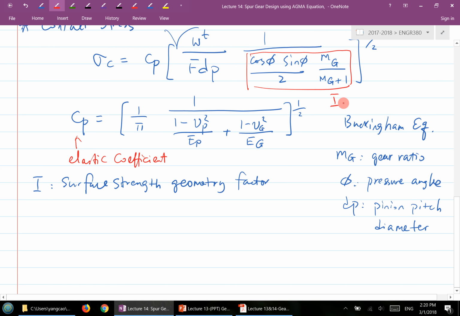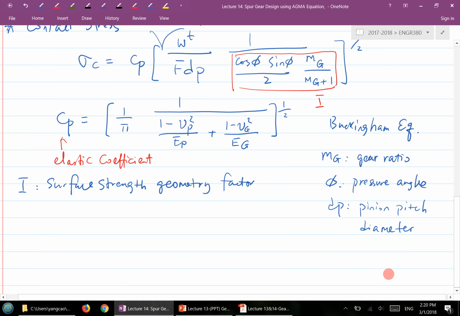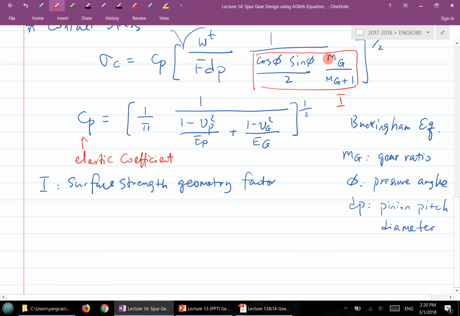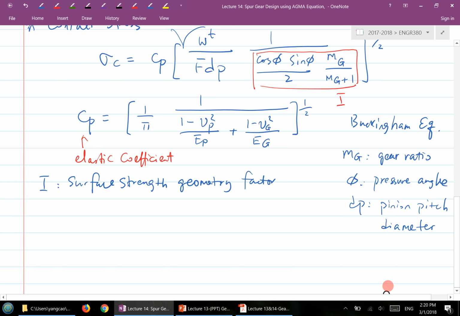So let's come back to the surface strength geometry factor, which is this expression here. This expression is definitely for spur gear. It works very well, no problem at all. But for helical gear, we need to make a slight modification.